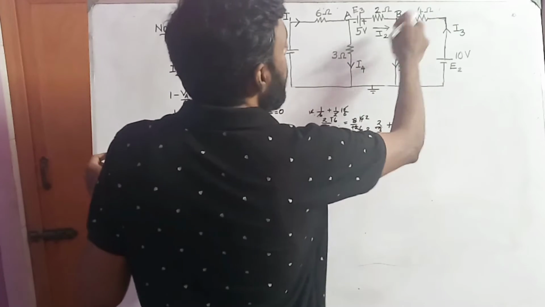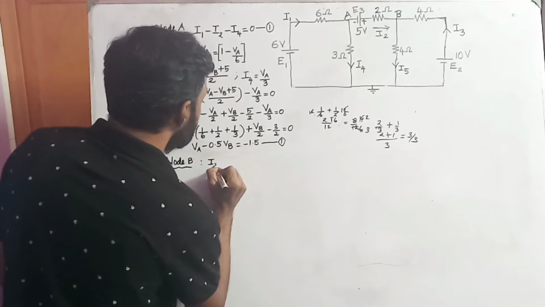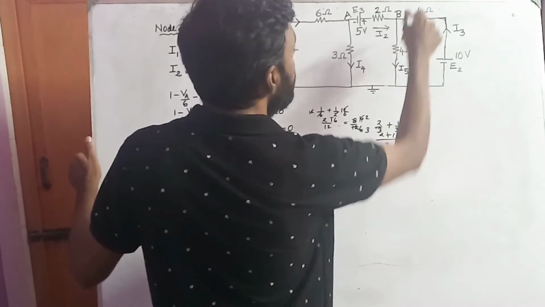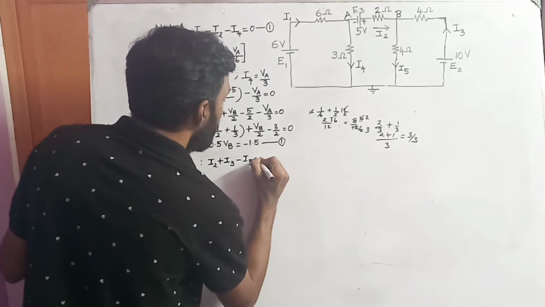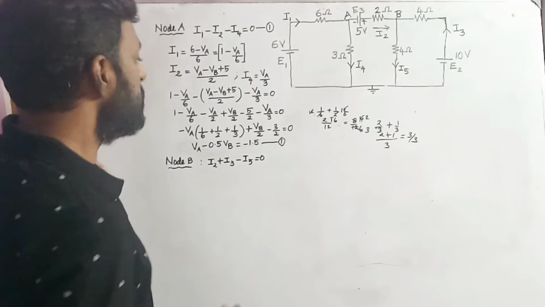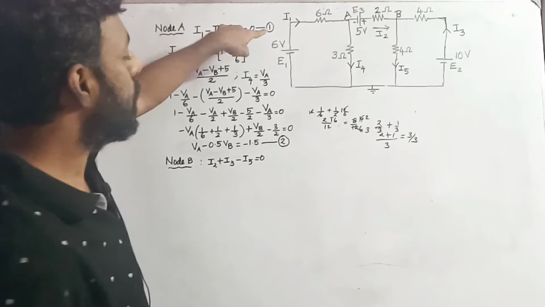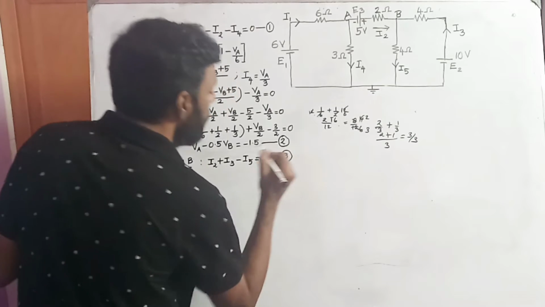So I2 plus I3 minus I5 equal to 0. This I need to put as equation number 3, because we have equations 1 and 2 over here.